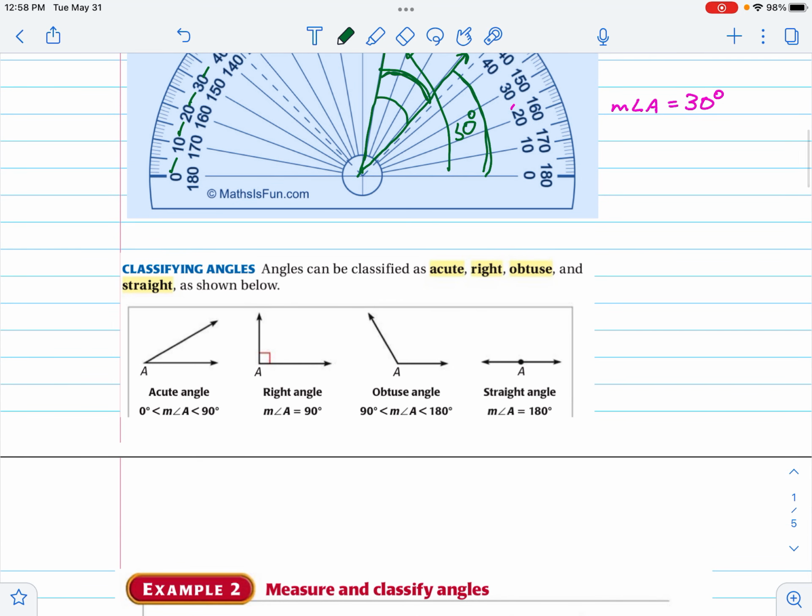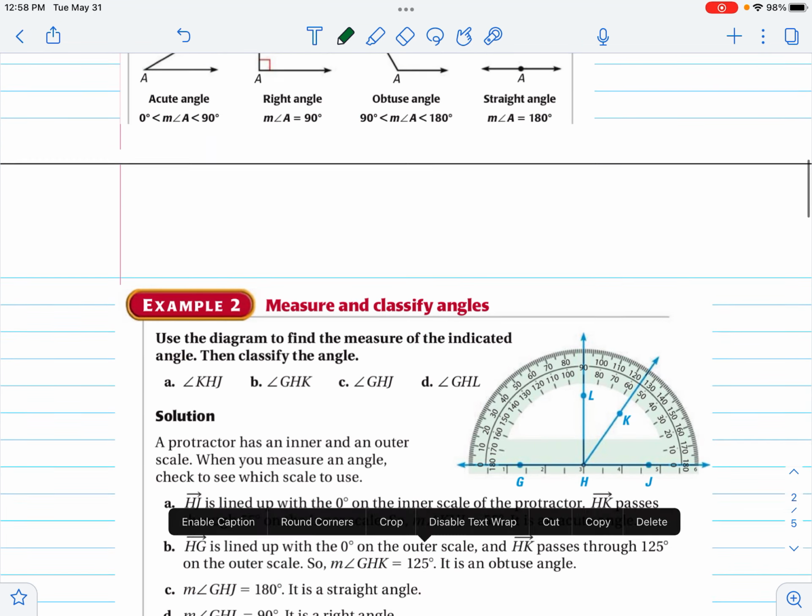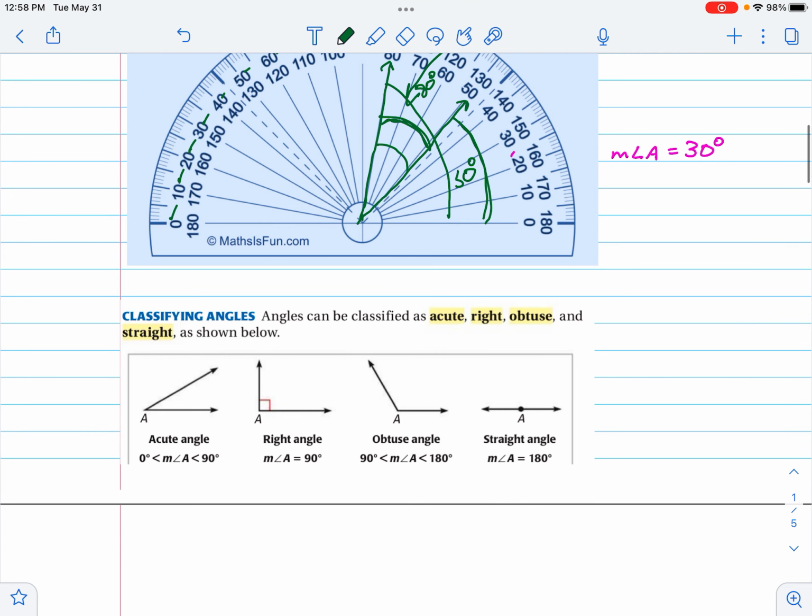Now, some classifications of angles. While we're talking about measure of angles, we've got an angle that's less than 90 degrees. 90 degrees is just straight up and down, so this would be an example of a 90-degree angle, this one. Angles that are between 0 and 90, not including 90, would be acute.